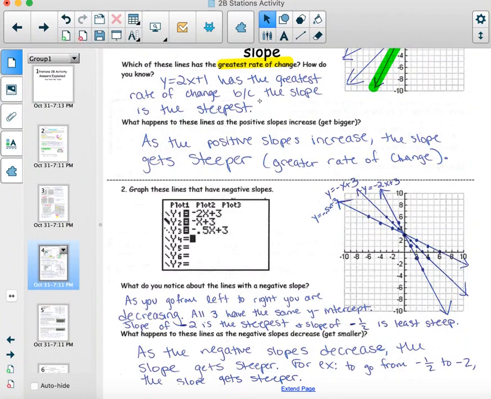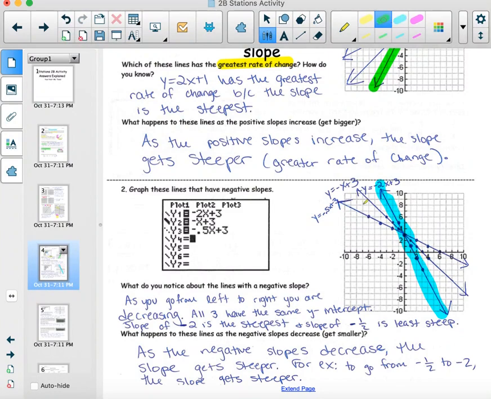All right, let's check out number 2. Hopefully that clarifies up here. All right, so very similarly, as we go from left to right, you're going to be decreasing. So all 3 of these equations have the exact same y-intercept. The slope of -2, well, that's right here. The slope of the line with -2, that's the steepest slope.